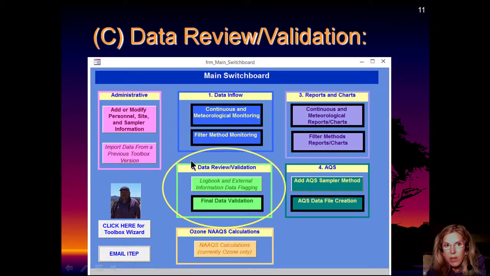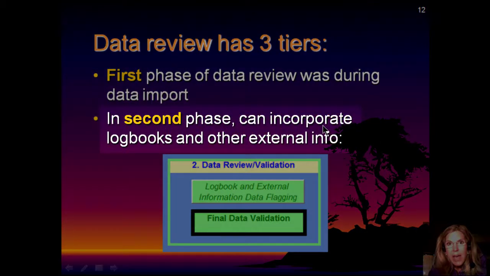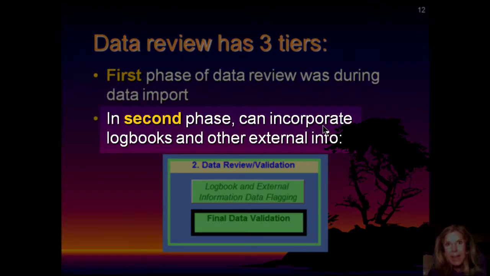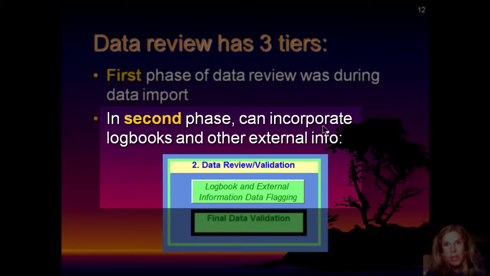The next category of operations after you've pulled your data into the Toolbox is data review and validation. The second phase, for example, let's say you had an auditor come and they did some QC checks, they sent you the report, and you realize you need to invalidate those 3 hours when your auditor was doing checks, and the values produced by your analyzer represent whatever QC checks he was doing, not the actual ambient air pollution values.